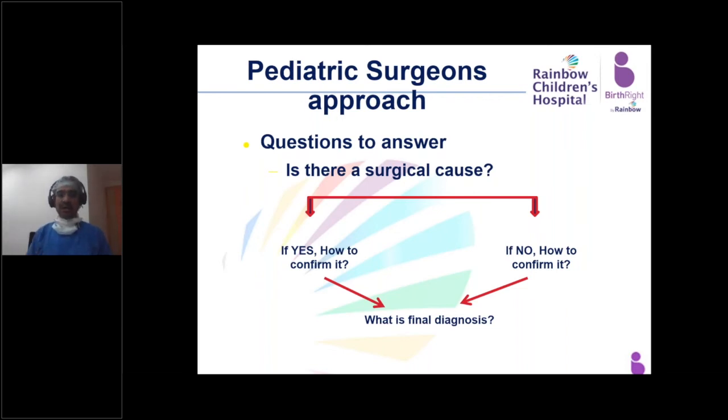Because surgical decisions have to be made upon certain hard facts. It cannot be based upon soft science, and that's why we need certain hard features, based upon which we decide what is the final diagnosis, whether to take the child for surgical intervention or not, or whether we need to conservatively manage the child.